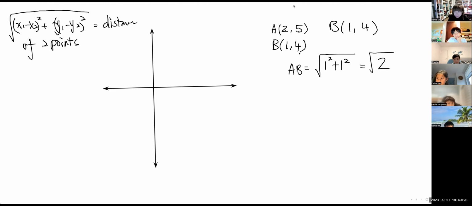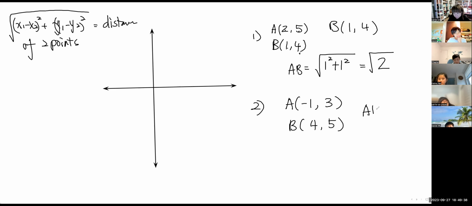Okay, so let's take a look at number 2. I give you another one. A equals (-1, 3) and B equals (4, 5). So please find out the distance of AB, please.